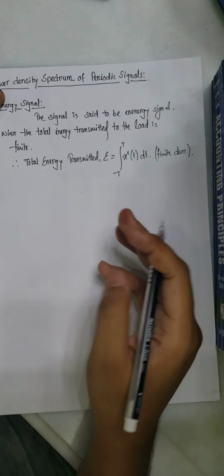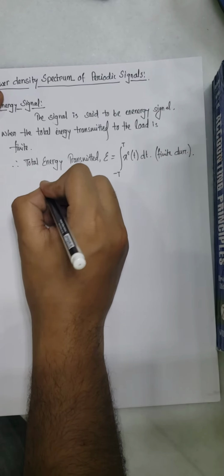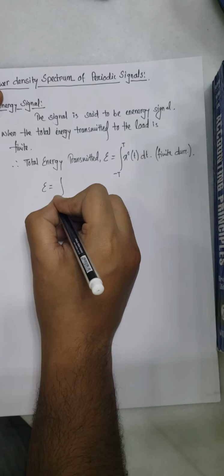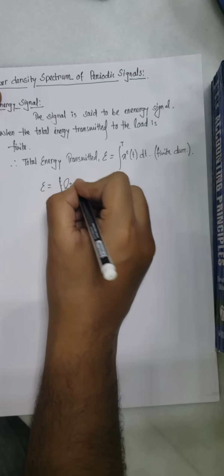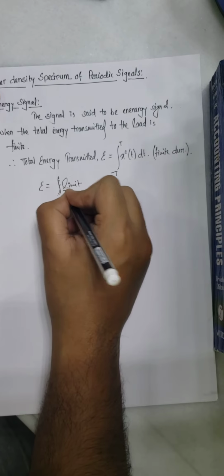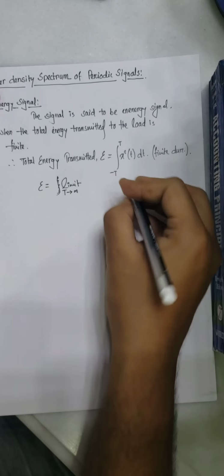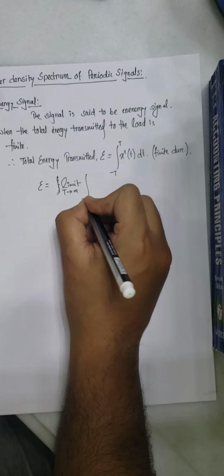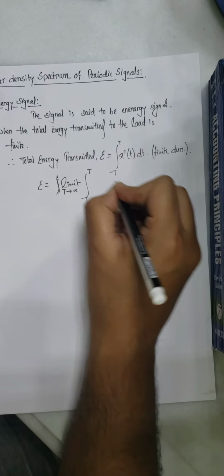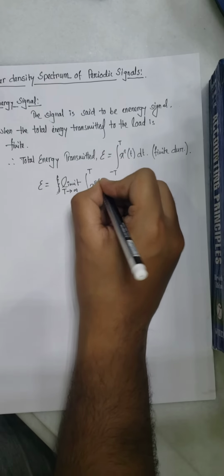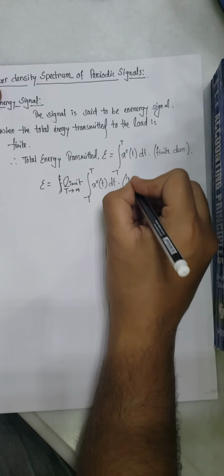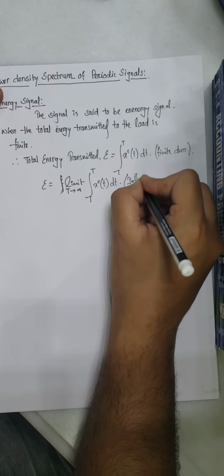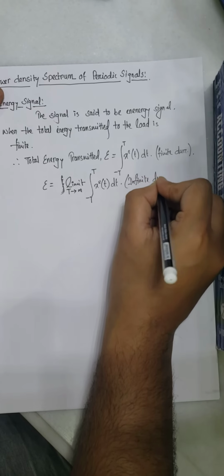Now, for an infinite duration, we get the energy signal to be limit of the time period which ranges to infinity. The rest is same, an integral from minus T to T, x square of t dt. This is for the infinite duration.